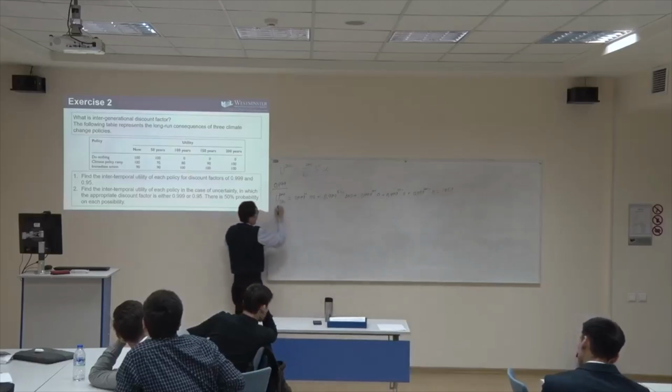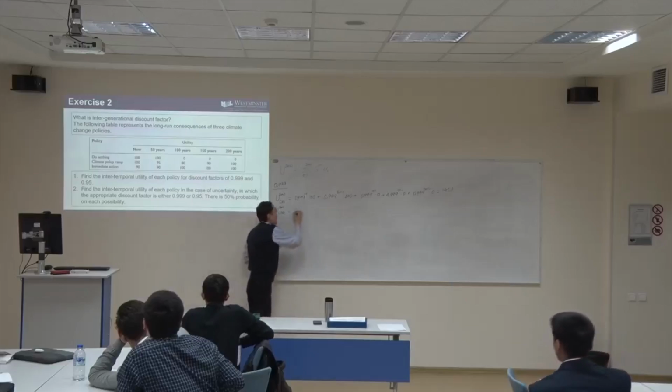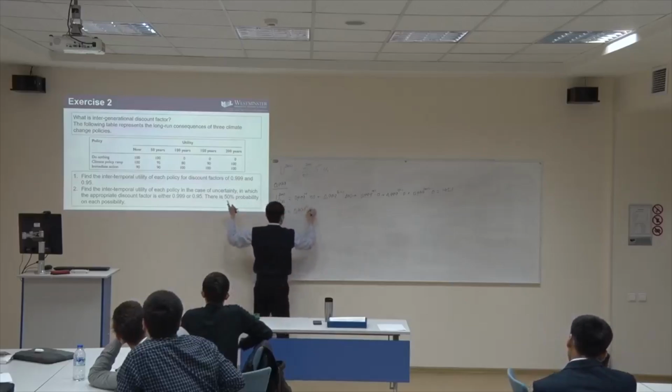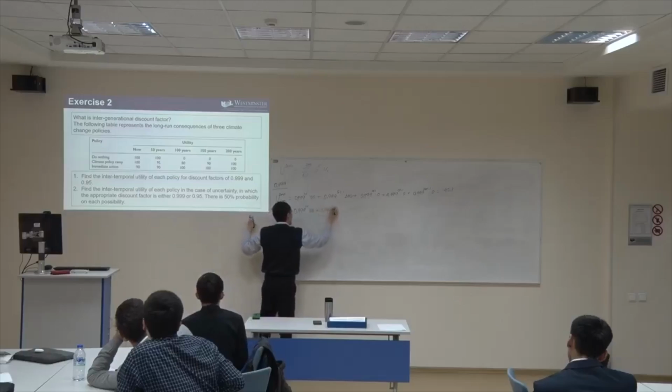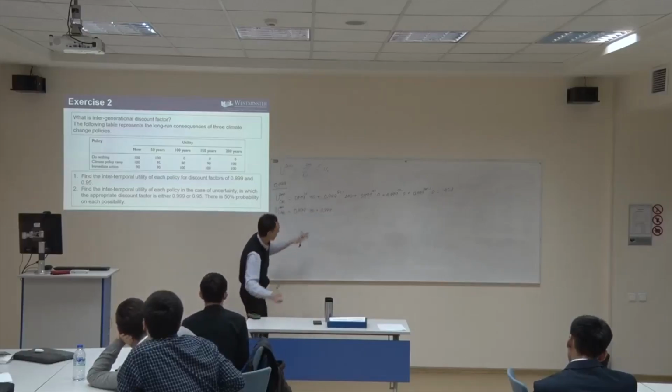Next, what about the second policy for 200 years? The climate policy ramp, step-by-step implementation of policies. So now, 0.999, period 1 minus 1, times 100, plus 0.999. You already know what these numbers are, right? So it's now power of 0.